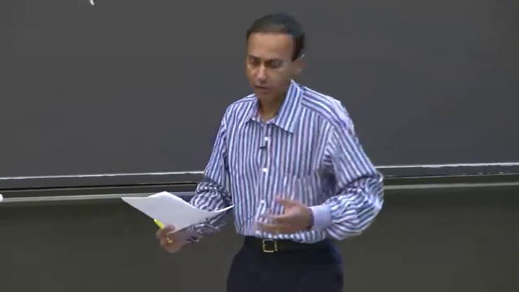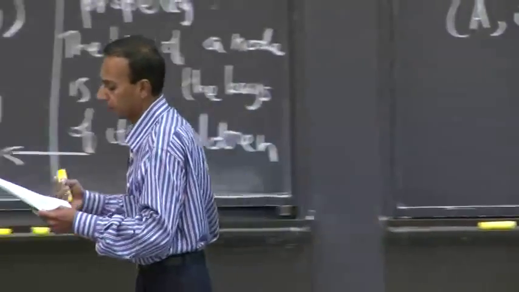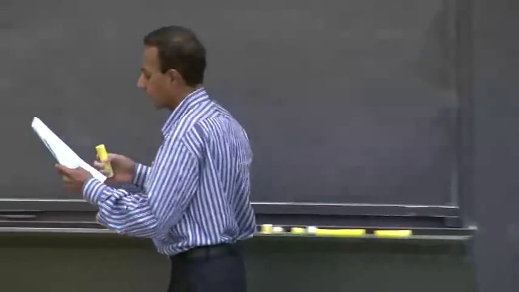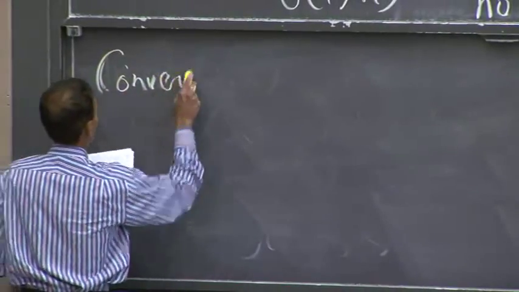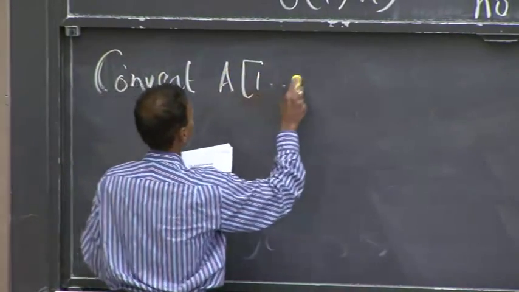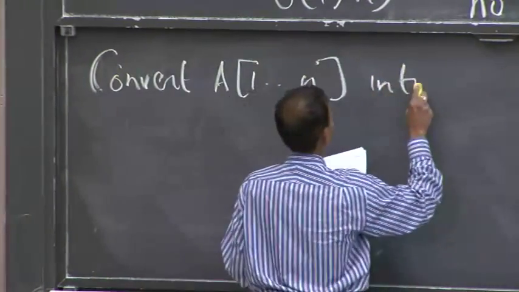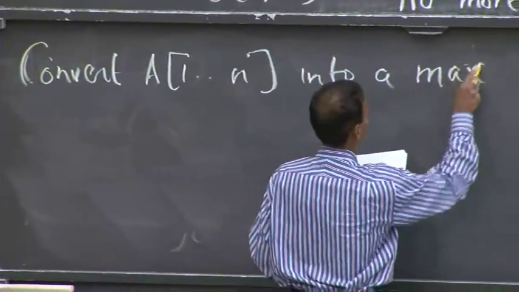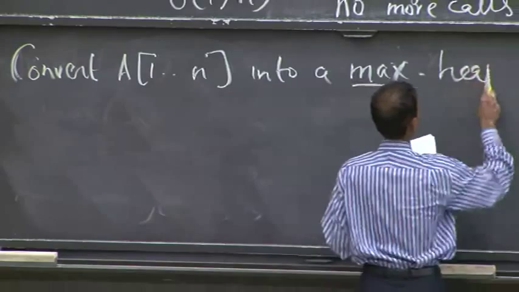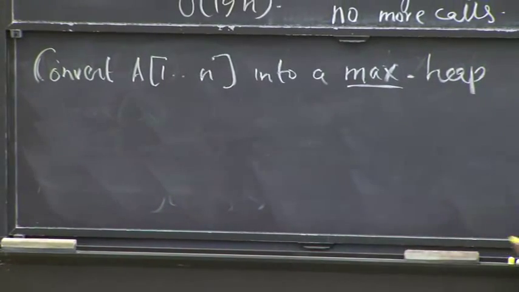And once we do that, we can do this extract max deal to sort the array. So the first step is we want to convert an array A[1..n] into a max heap. And the key word here is max heap, because every array can be visualized as a heap.